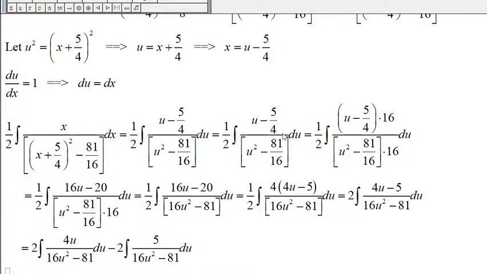And then simplify a little bit here, we'll multiply the top and the bottom by 16. This would be 16u, and then 5 fourths times 16 is 20. And then down here we get 16u squared minus 81.